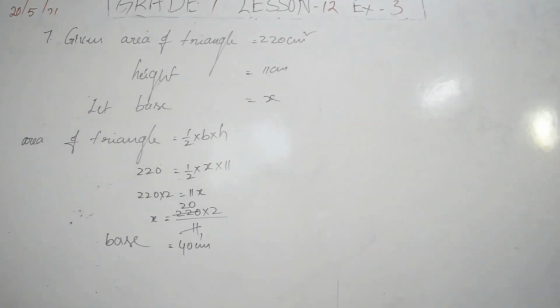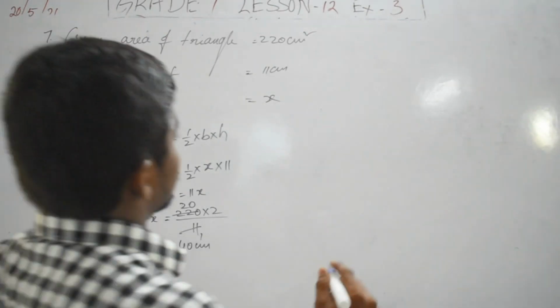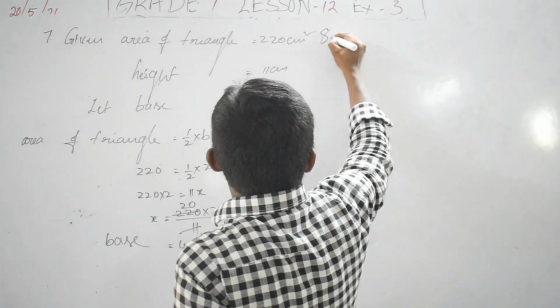Next one, eighth one. In a triangle, height is double of base. Area of the triangle is 400. What is the base and what is the height? See, eighth one.